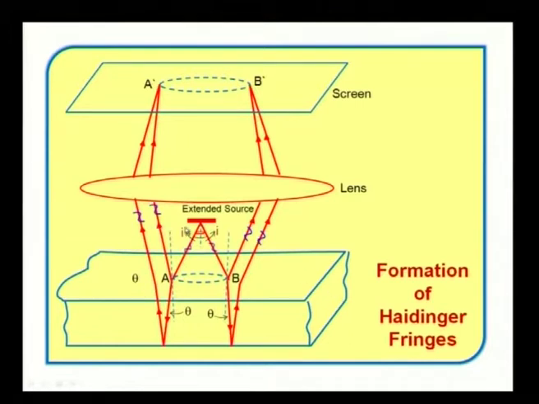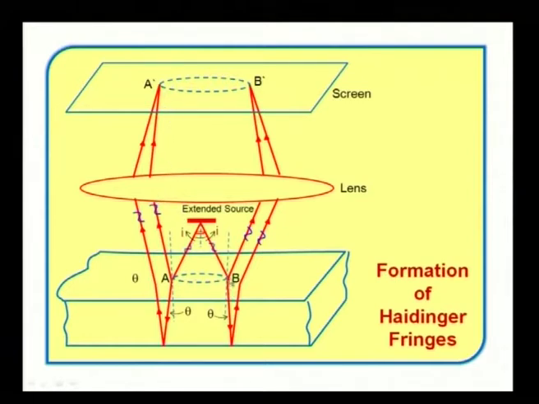As I told you, you have an extended source. Now, this i matters. The i is the angle of inclination. You have a source of light, and the light ray is coming here, getting reflected, and is made to pass through a lens, and the image is obtained here at A prime.